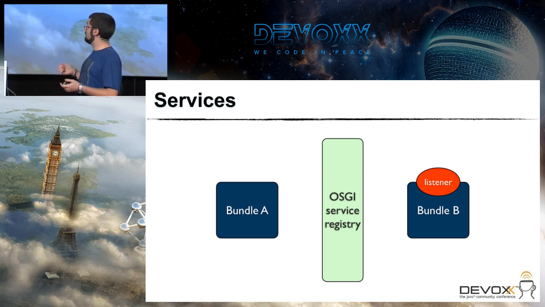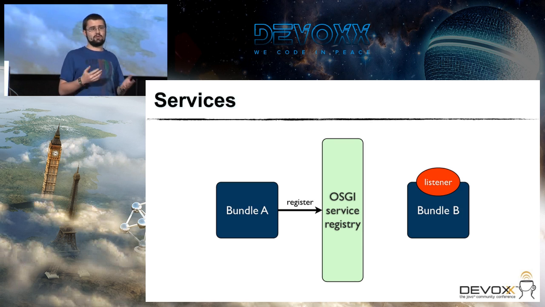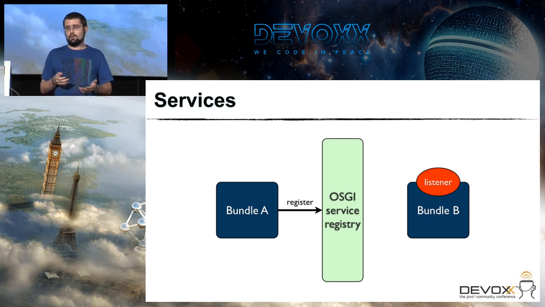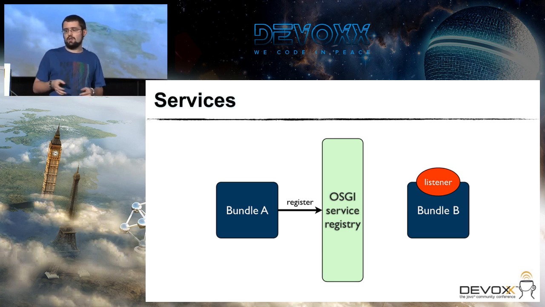So in this example, the bundle A wants to publish a service for all of the bundles in the OSGi platform. So it just has to implement an interface and register this implementation in the service registry. Then the bundle B can look up for an implementation of the service in the registry and then use it as bundle A is providing it.